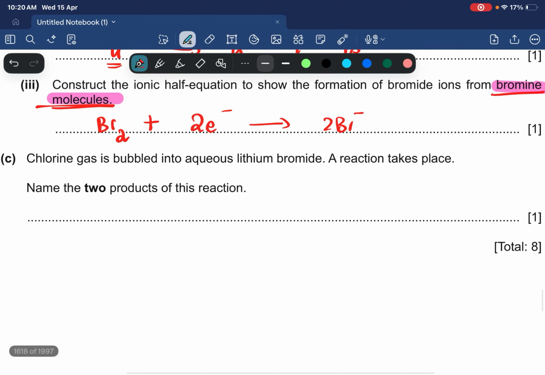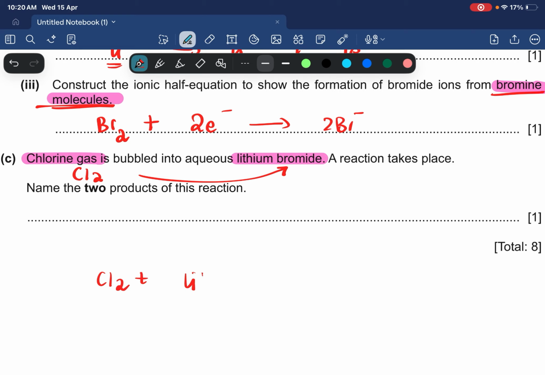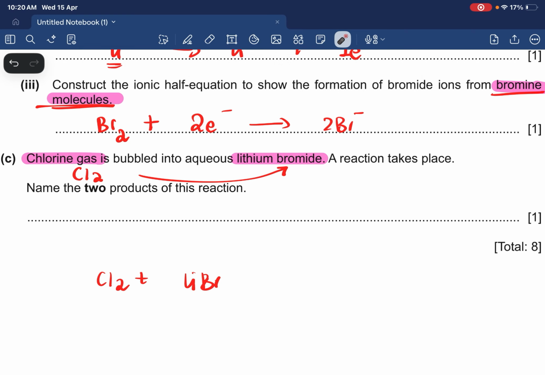Chlorine gas is bubbled into aqueous lithium bromide. So you have chlorine gas, Cl2, and then you're bubbling it into lithium bromide. Look what's going to happen. You have chlorine and you have LiBr. Chlorine is a stronger oxidizing agent. It can take away electrons from your bromide.